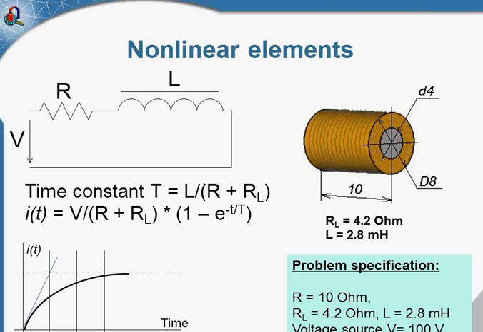Again, our task is to calculate the current in time, but now the inductor is not simply the inductance, it's the real inductor. It features the resistance and it features the inductance.